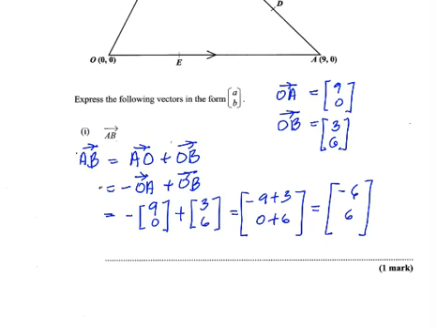Alright, next, we're to do the same for the vector OD. So by triangle law of vectors, the vector OD is the vector OA plus AD.